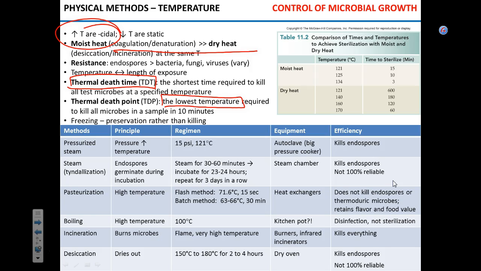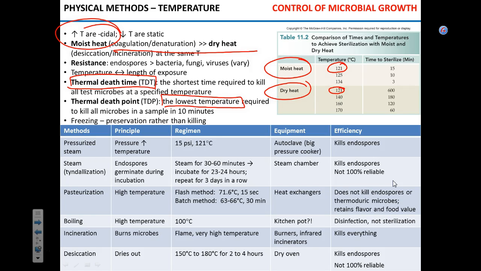That makes sense. If you would look at this table over here, that's a comparison of moist and dry heat. Okay? So let's see. Thermal death time at 121 degrees Celsius. Are you familiar with Celsius, or I need to make it Fahrenheit? You're good with Celsius. Okay, so it's more than boiling. Okay?